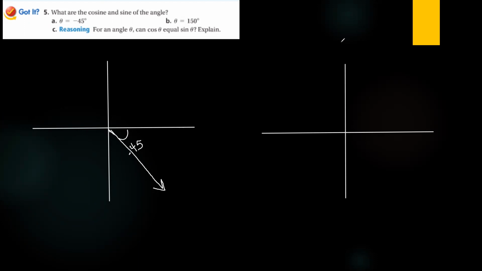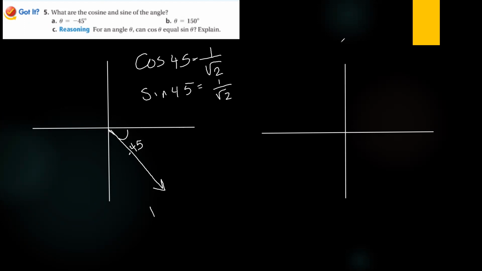So I have to go to my table and use the coordinates of which angle? 45. For the 45, I know before that its cosine is 1 over square root of 2, and its sine is 1 over square root of 2.